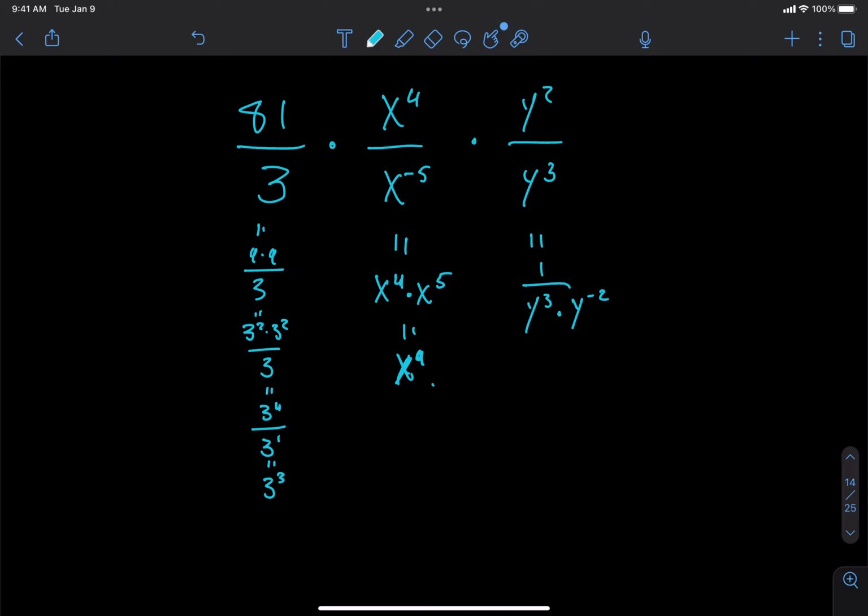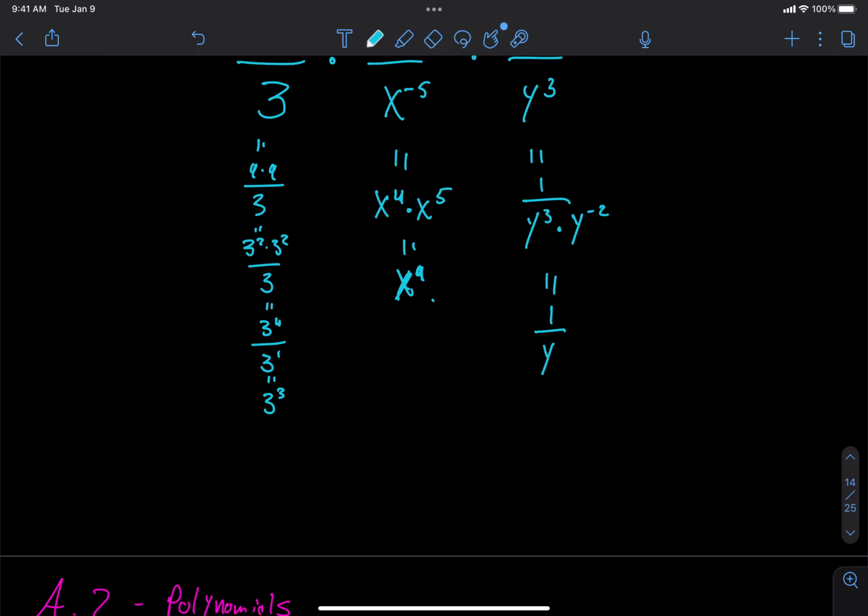If I add negative 2 to 3, I get 1, which would just be 1 over y. So in the end, I'm left with 27x to the 9 divided by y.